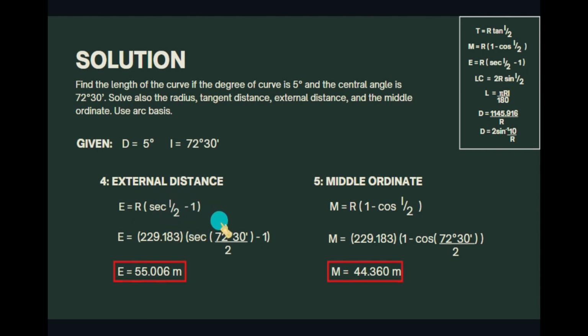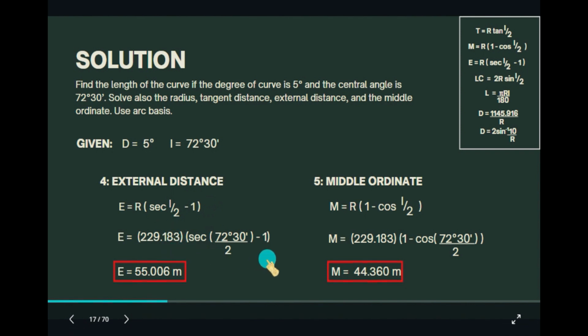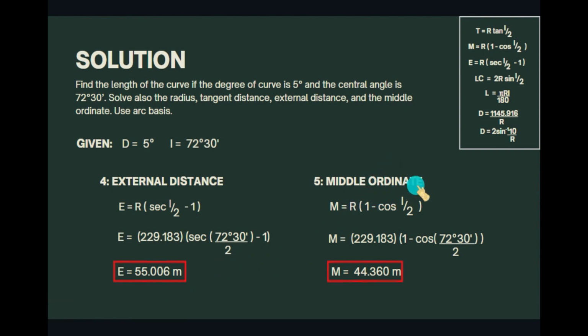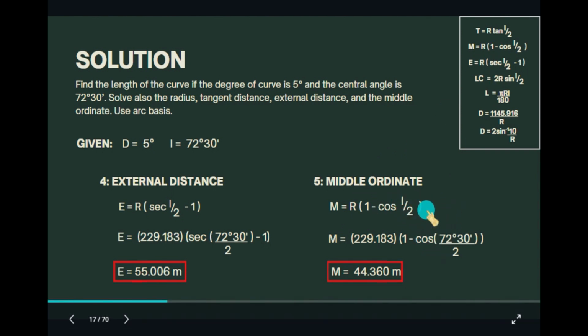So you can just substitute directly and get the value of 55.006 meters. Lastly, we can find the middle ordinate. So the formula is already here, and we will just substitute the values directly and get the answer of 44.360 meters. And that's all for the simple curve.